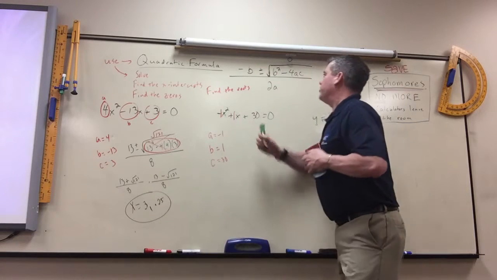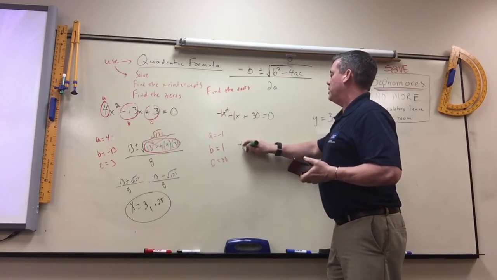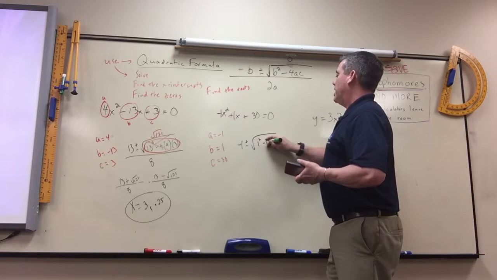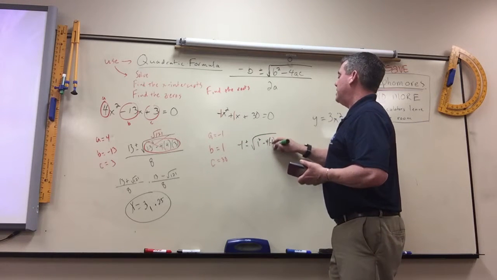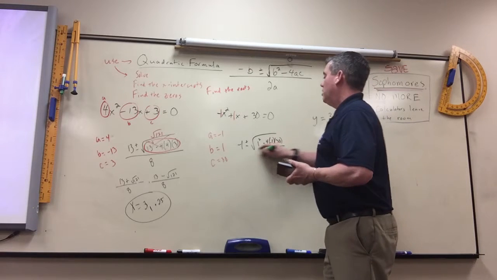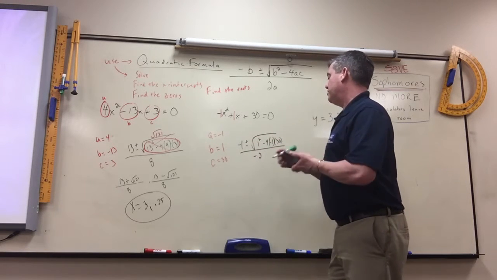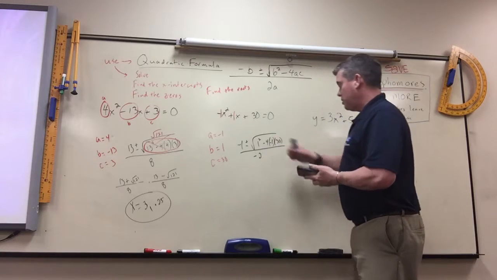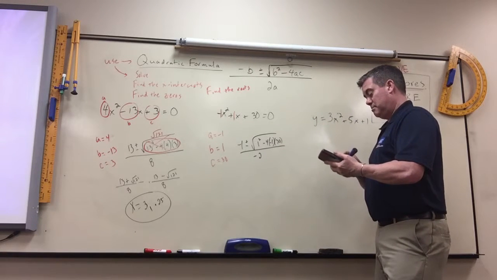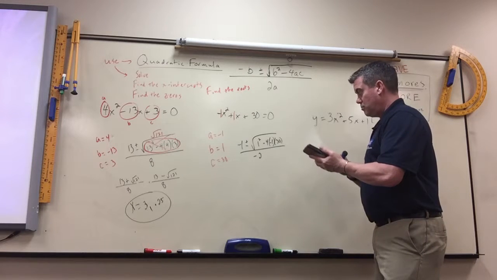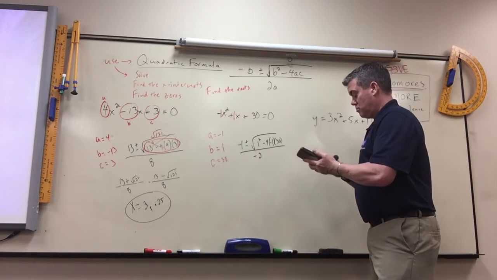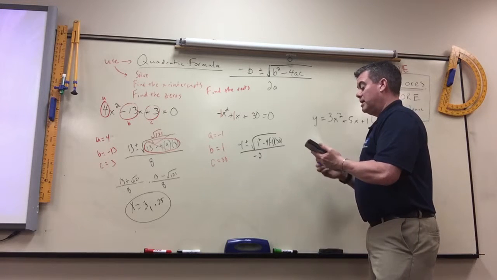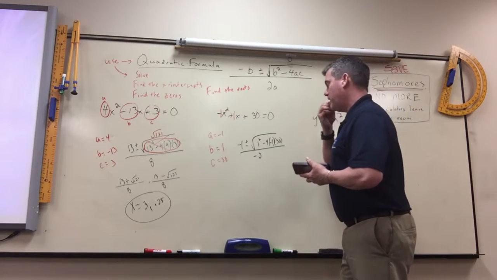So when we solve it, negative b is -1, plus or minus the square root of b squared minus 4 times a times c, all over 2 times a, which is -2. If you figure out this inside, again, it turned out to be 121.